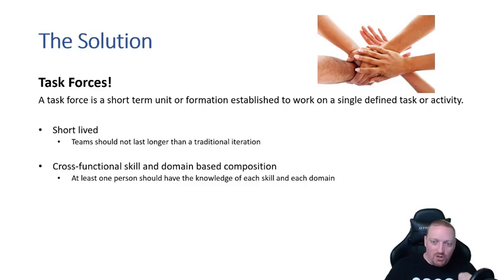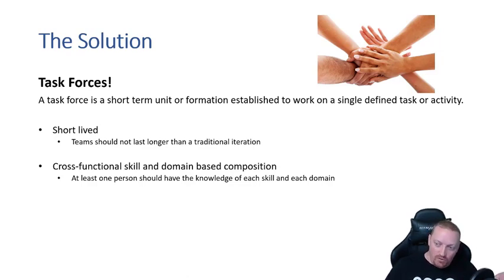They should also be cross-functional, and they should have both skill and domain-based composition. So once you identify a story, and we could talk a little bit about DDD and bounded contexts here, but essentially whenever you have a user story that has to cross over multiple domains, you can identify the different domains that need to be touched upon and the different skill sets that are required to touch on each one of those domains.